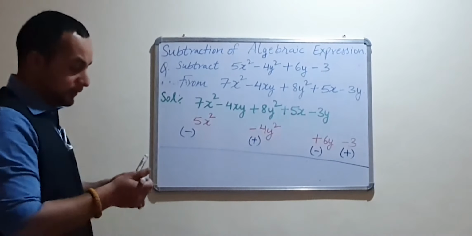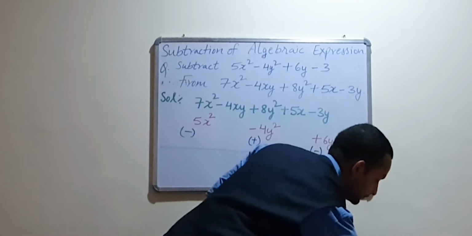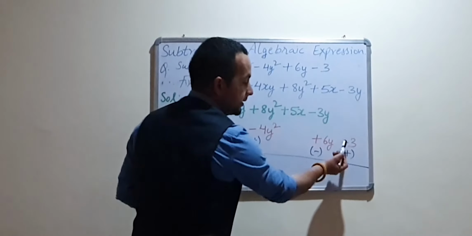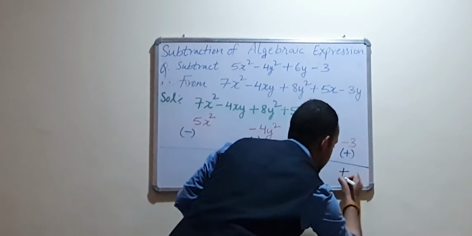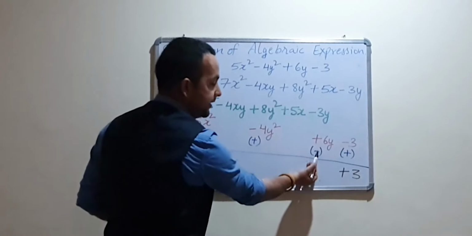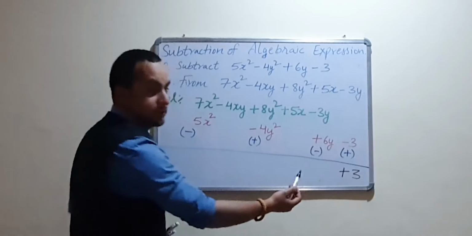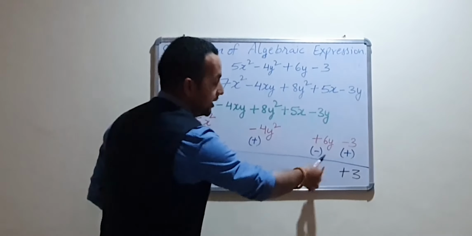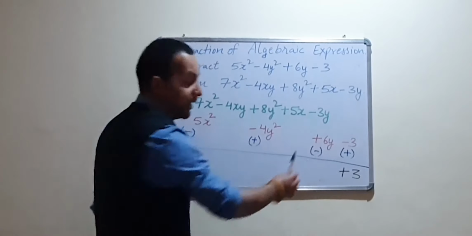Now we are going to solve this. See, it's negative 3 and the sign will change, so it will become positive 3. Now for the y terms, before it's positive 6y, and according to the law, we change the sign of the second expression, so it will become negative 6y.